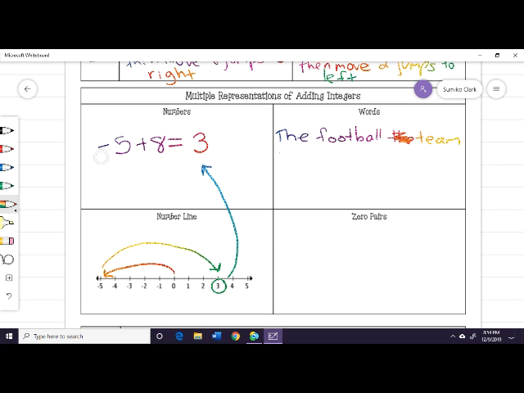Whenever there's a negative 5 yards in football, it's a loss. The football team was pushed back 5 yards during the first play.